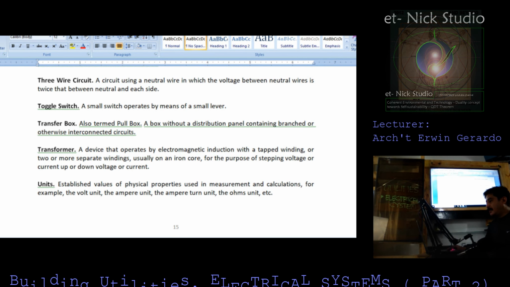Three-wire circuit, a circuit using a neutral wire in which the voltage between outside wires is twice that between neutral and each side.